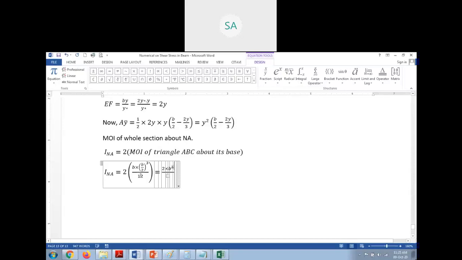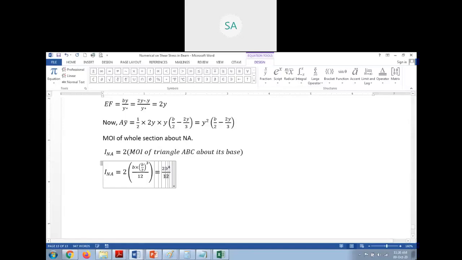This 2 goes down and gets multiplied by 12. Or I can just cancel these two, right? There is 2 here. So 2 into 2, 4. 4 into 2 is 8. So 8 goes to the denominator.